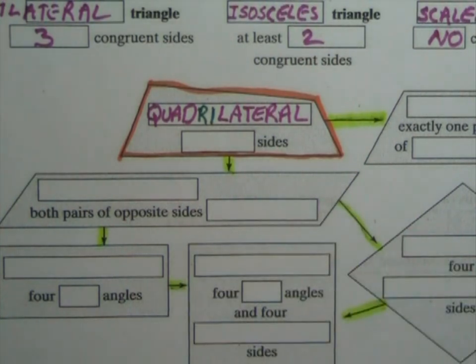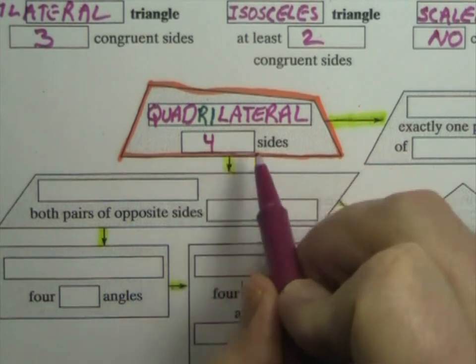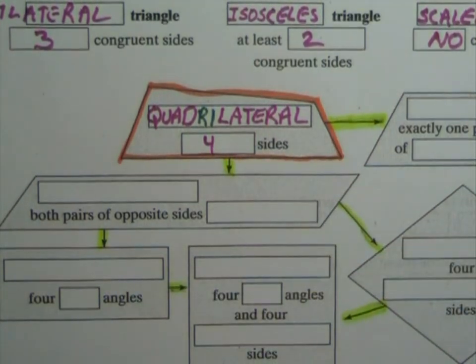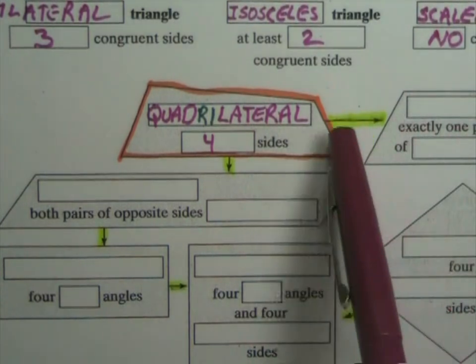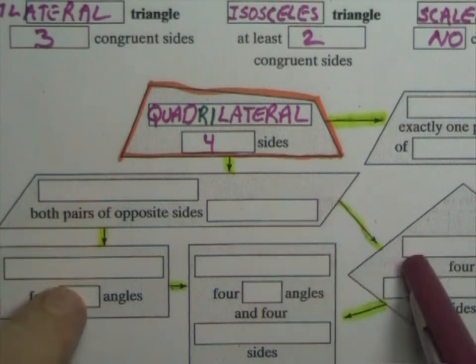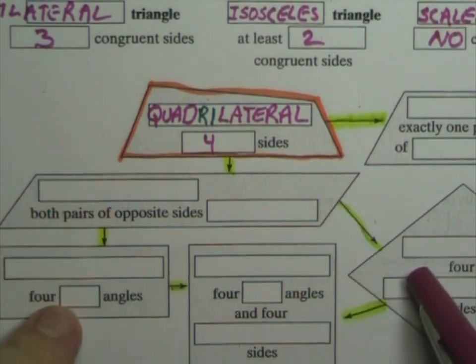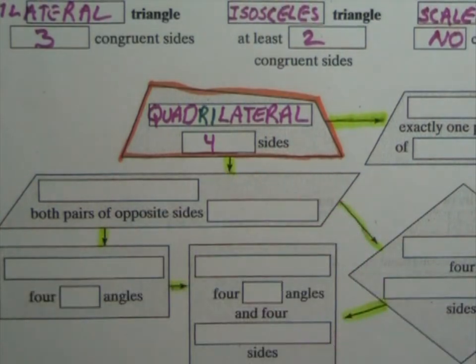And all quadrilaterals have 4 sides. So notice that it kind of branches off though. We have this one over here, then going down to another 4-sided figure, then branching out to another one, yada yada. Okay, so there's a family of them.